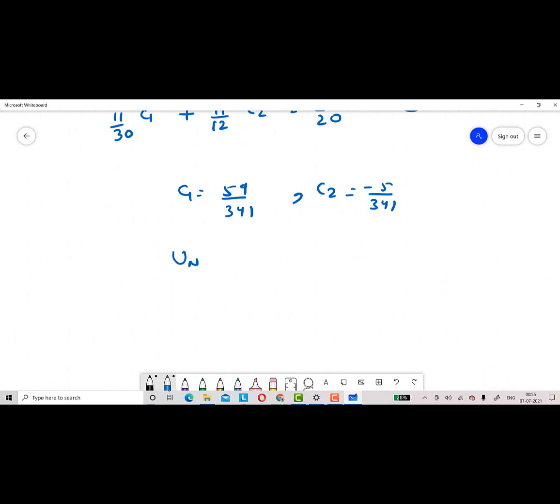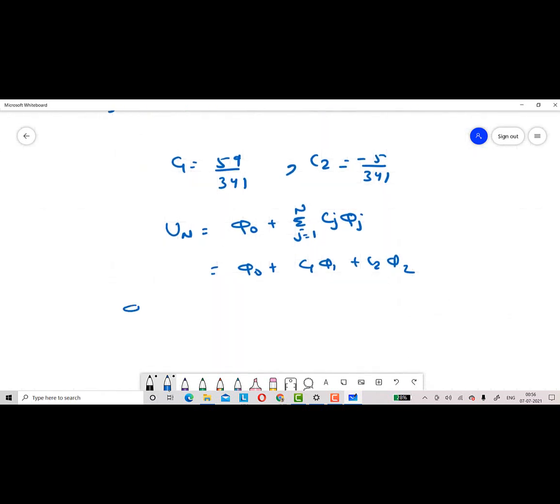The solution will look like Un equals phi naught plus the sum from j equals 1 to n of Cj phi j. So phi naught plus C1 phi 1 plus C2 phi 2, and we have already calculated phi naught in the previous lecture as x, phi 1 equals 2x minus x square and phi 2 equals 3x minus x cube.